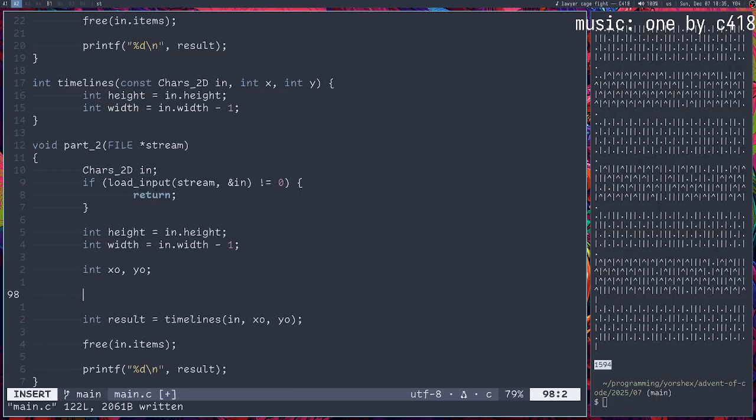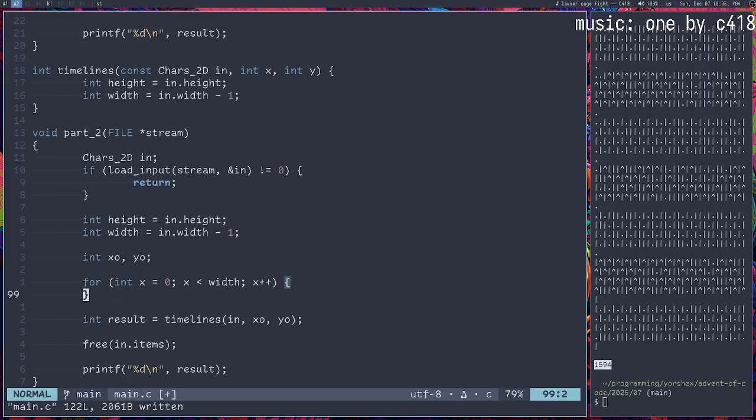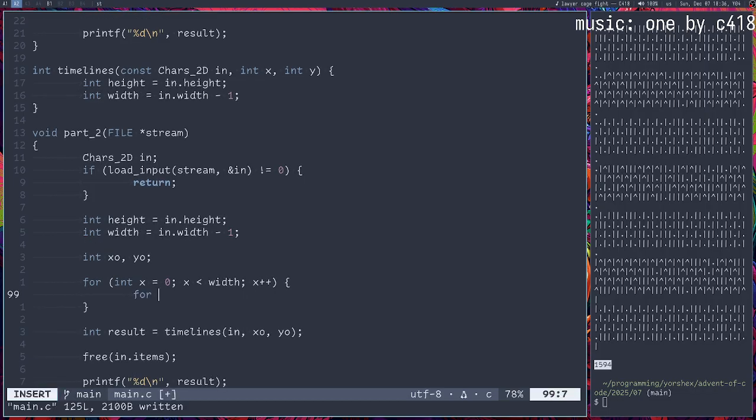So to get this XO YO coordinate, we need to start iterating on the first line. X is less than width. And if in items x plus 0, what did I write?